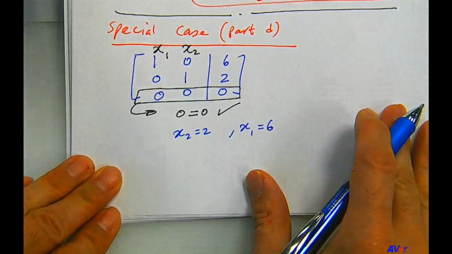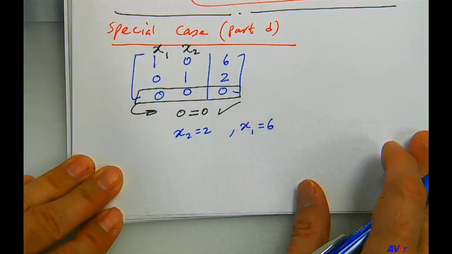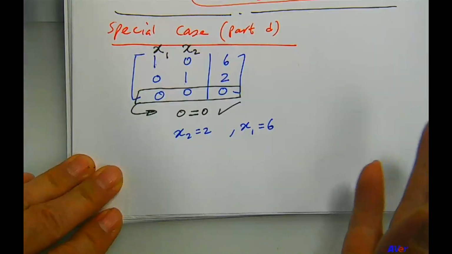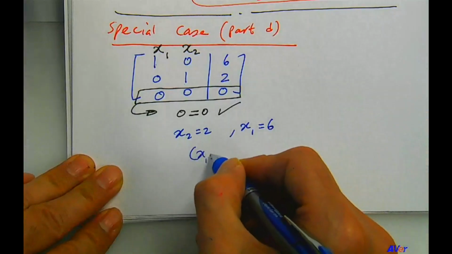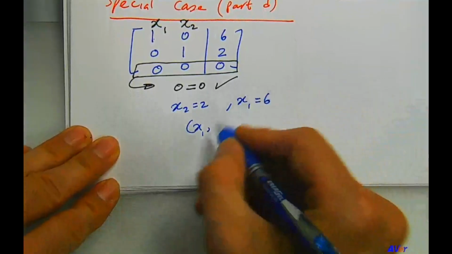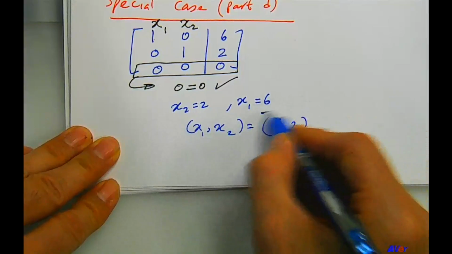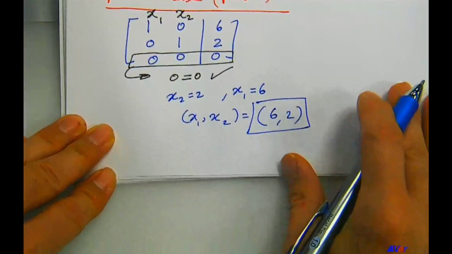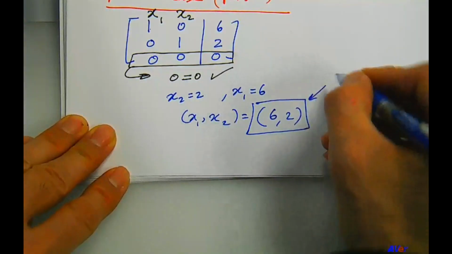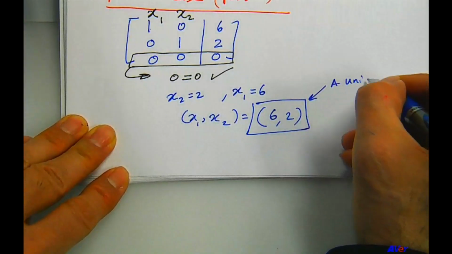So in this case, even though it's a special case, we actually do have a solution. And the solution is 6, 2. It's a unique solution.